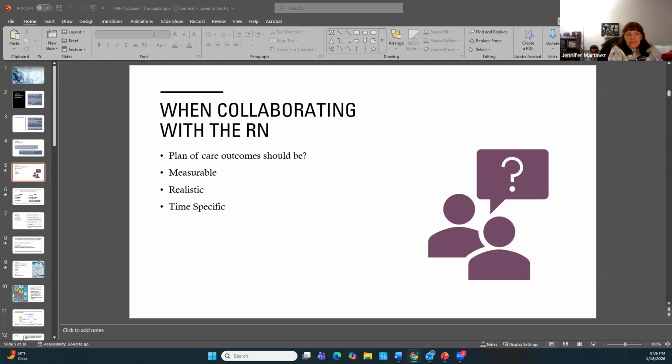So let's say we have a patient that has had a hip replacement. An outcome would be patient will walk 25 feet by post-op day 2, or post-op day 3. So it's measurable, it's realistic, and it's time specific.